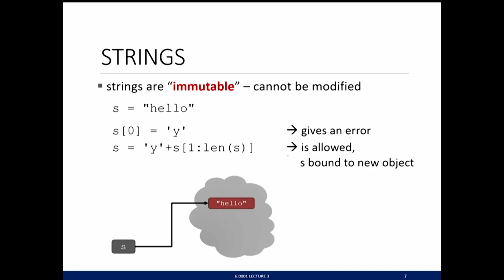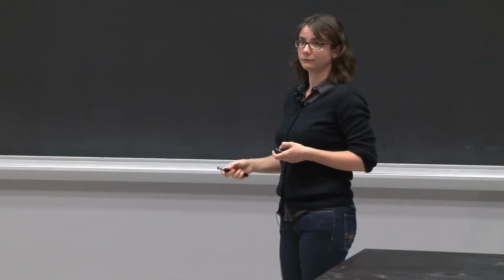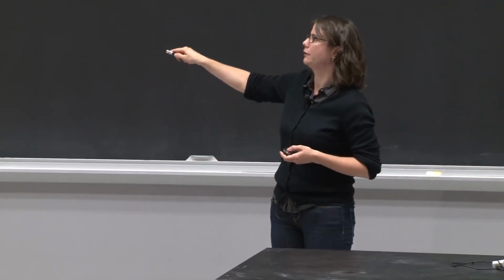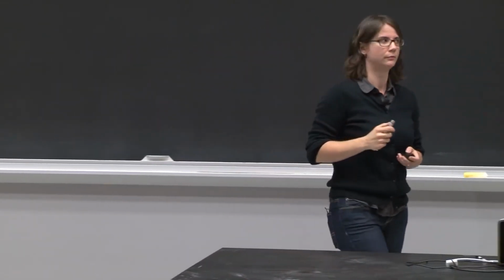Now internally, what happens when I write this line is Python says, okay, I'm going to break my bond with this original object hello. I'm going to bind my string variable s to the new object yello, and this other old object still is in memory somewhere, right? But it's an entirely different object that I've created here. Again, might not mean anything right now, but just keep this in the back of your mind. Strings are immutable. Okay.